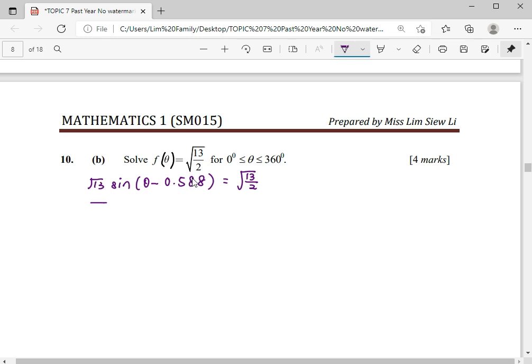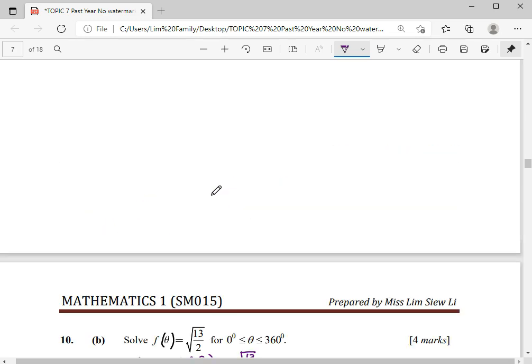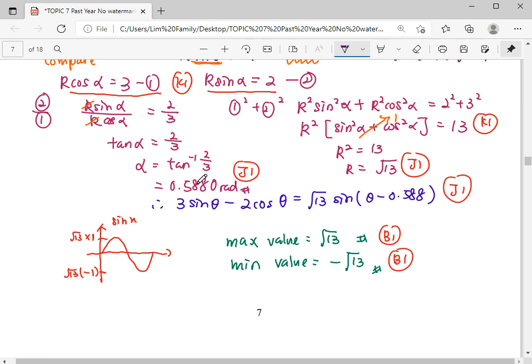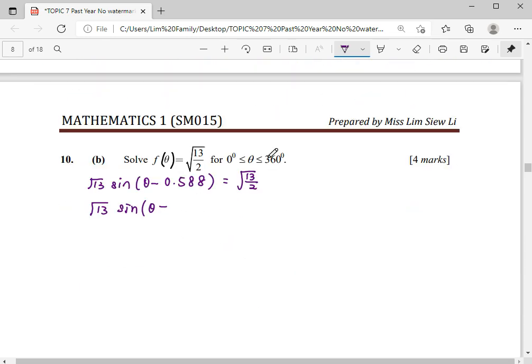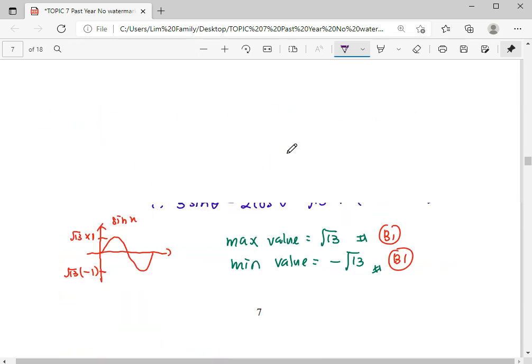So it will be root 13 sine theta minus, and what is the degree for radian 0.588? Just now we used radian to find the basic angle alpha. Now we change back to degree because the solving part is asked in degree.